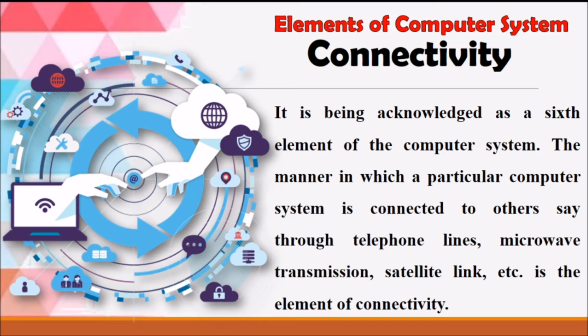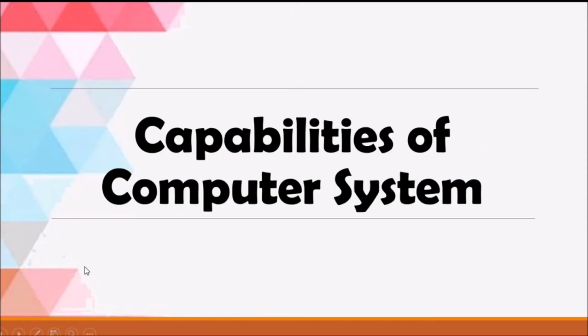With the support of certain software, telephone lines, cable lines, microwave transmission, and satellite links, everything helps in connecting one computer with another computer, or the user of one computer with another user. It is possible to communicate within seconds.